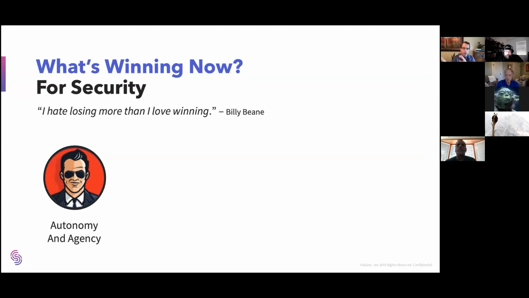When we look at security, we don't necessarily observe them as part of the pit crew, right? We don't see them necessarily supporting the developer's autonomy and agency in terms of winning. Again, what's winning for business? Exposing more value to more people through more channels, do more business.